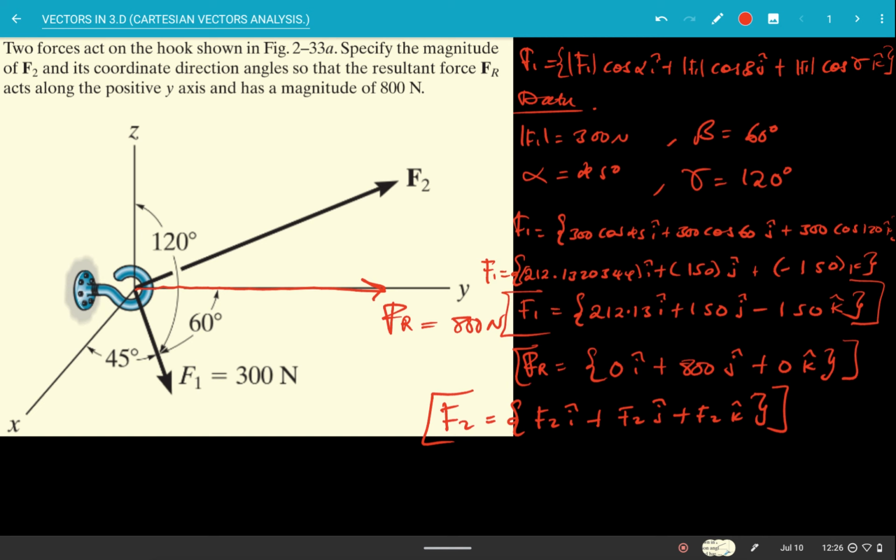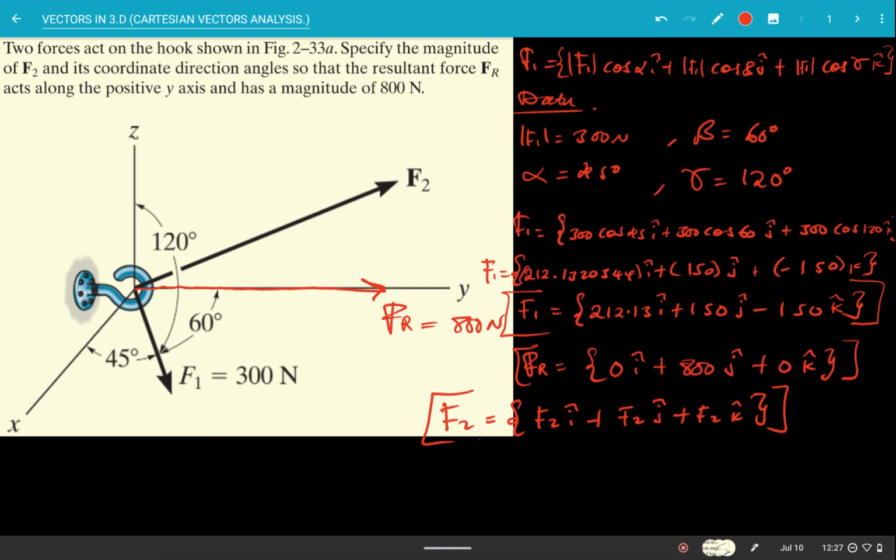Now, you need to understand that the resultant is the result of the sum of the values of the components of F1 and F2, which means that for me to get my FR to be 0 in the I, I need to first sum up the I components of F1 and F2.